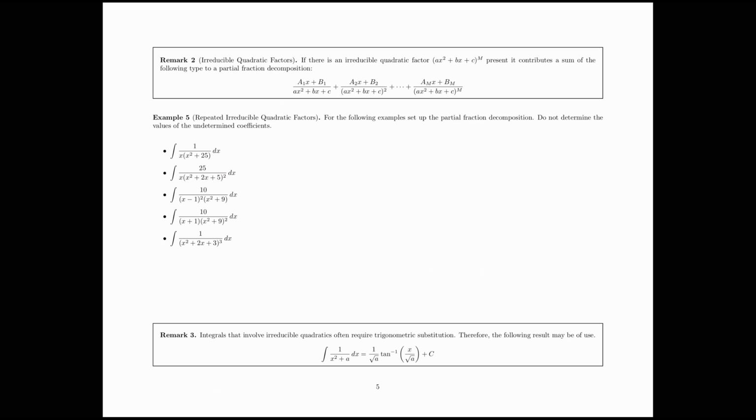partial fraction general forms. So for 1 over x times x squared plus 25, x squared plus 25 is an irreducible quadratic. So it looks like we have a linear and an irreducible quadratic.